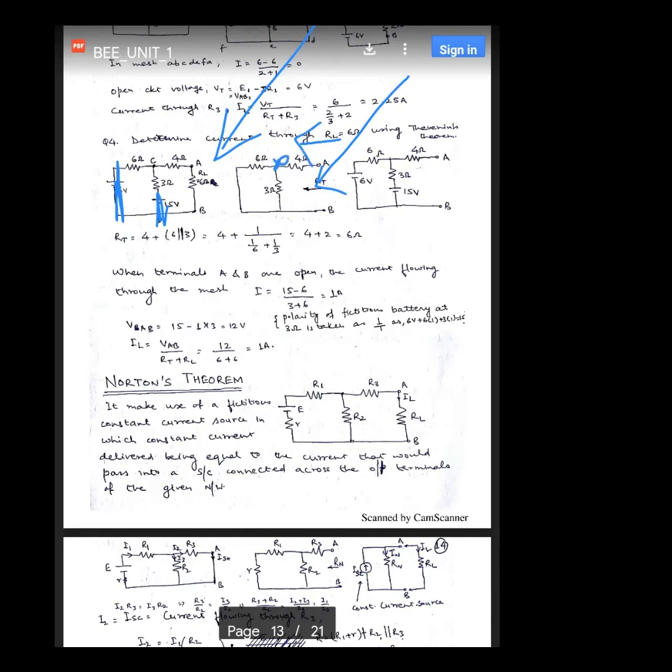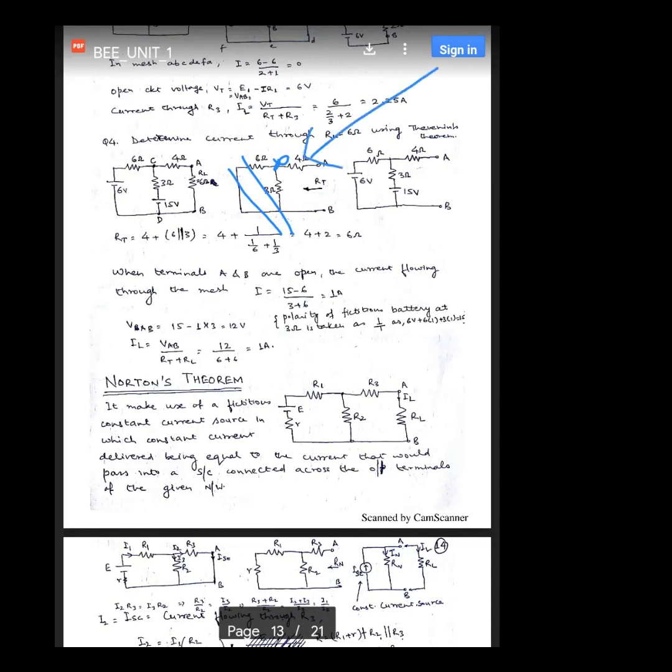This node is coming. So 6 ohms and 3 ohms will be in parallel, and its parallel combination will be in series with this 4 ohm resistance.